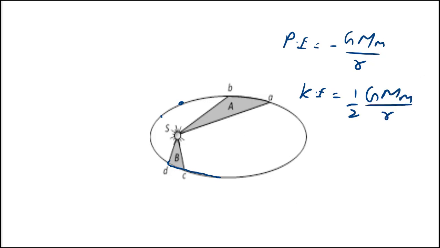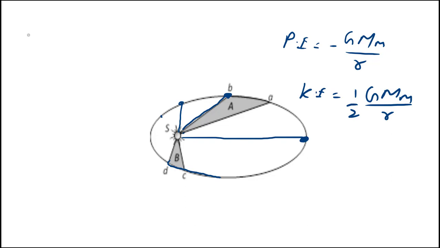G is the gravitational constant, M is the mass of the sun, small m is the mass of the earth, and r is the distance of the earth to the sun. At this point the distance is this much. When it comes here, the distance becomes less, and when the planet is at this point, the distance is far away. So this r is changing constantly throughout the year. So potential energy and kinetic energy are not constant.